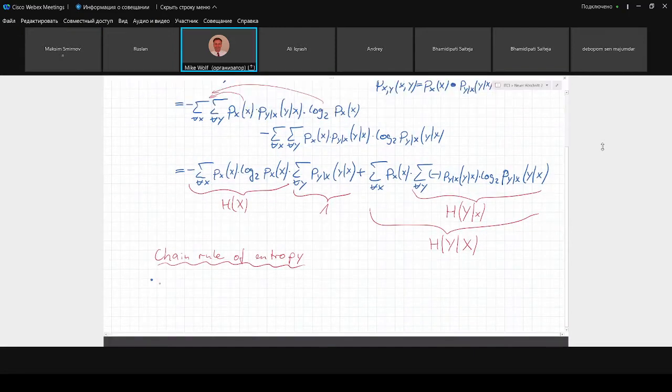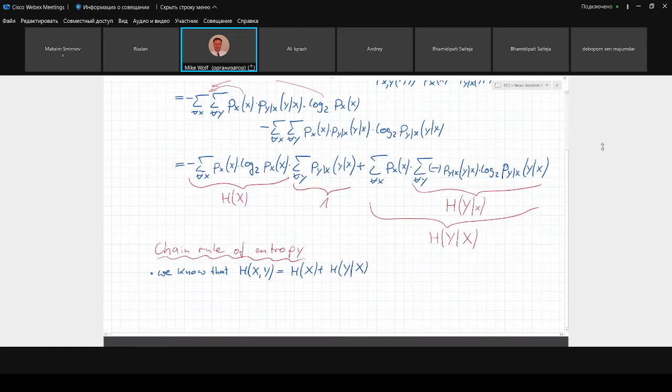We know that we have proven this, yeah, that h of x and y, the joint entropy, is just the entropy of, let's say, x plus the conditional entropy of y given x.